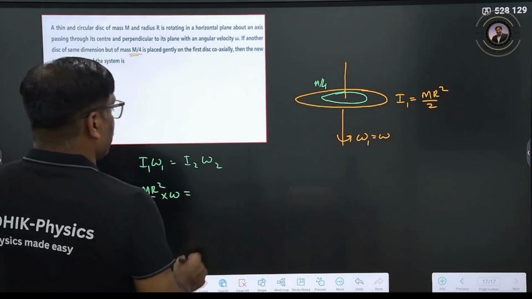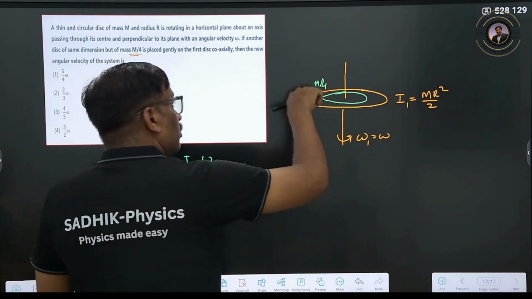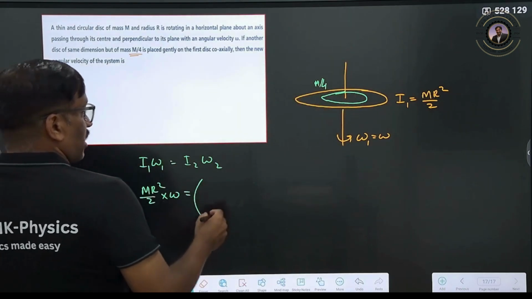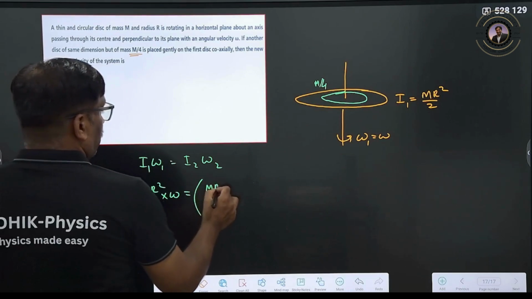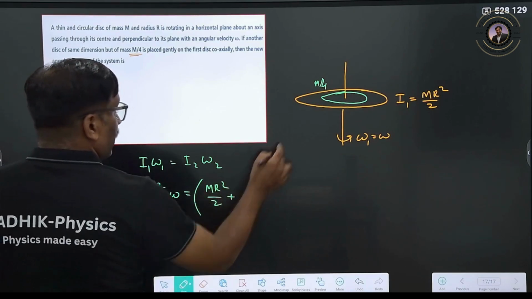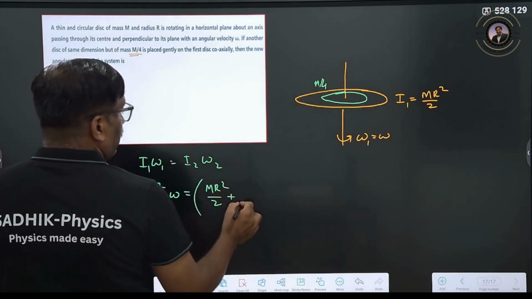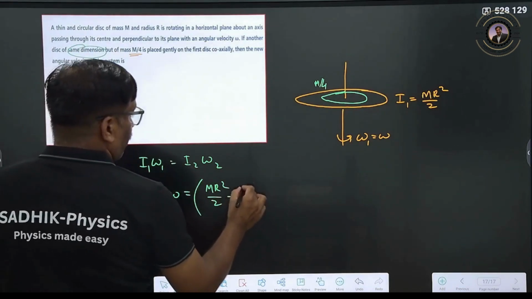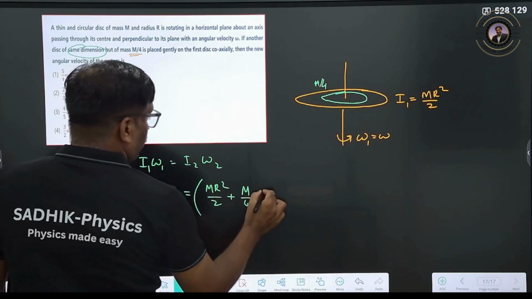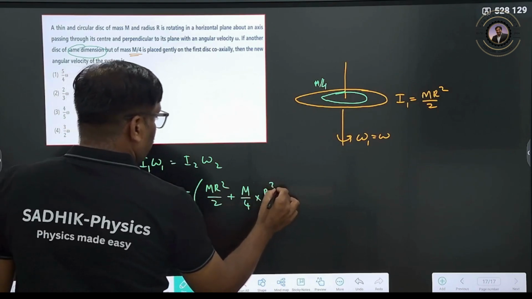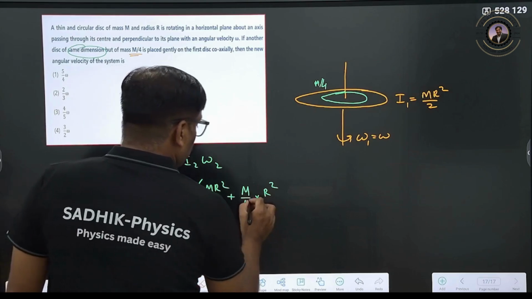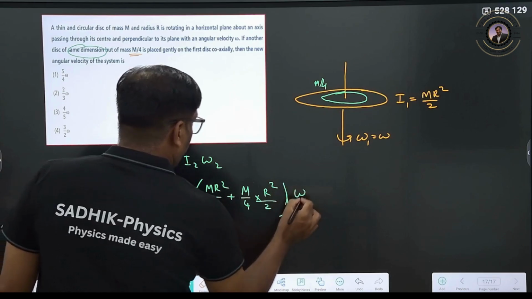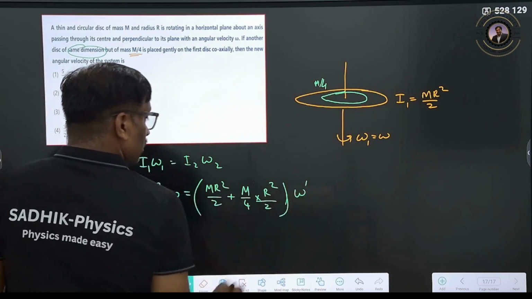But finally, not only this one disc, two discs are there, kept on the same axis. First disc is mr square by 2, plus the second disc is kept, with the same dimensions, so m by 4 into r square by 2, into omega dash.